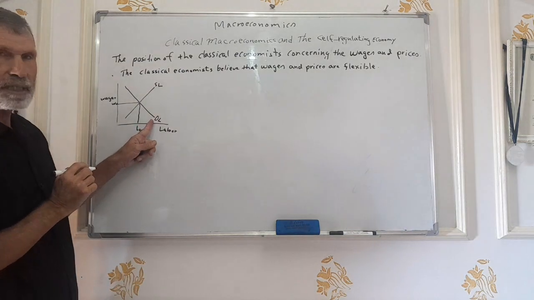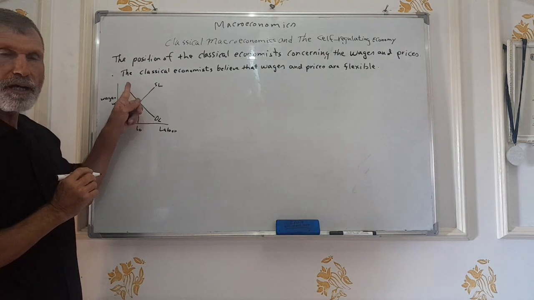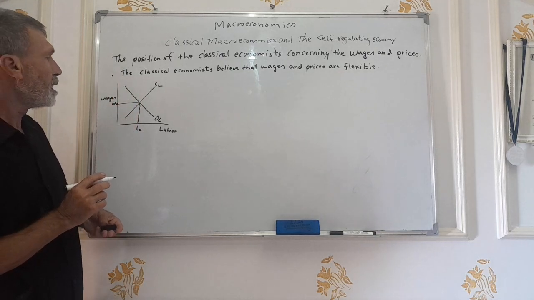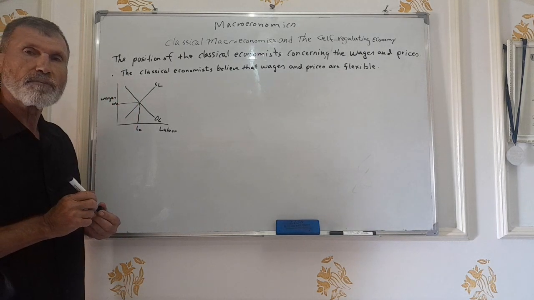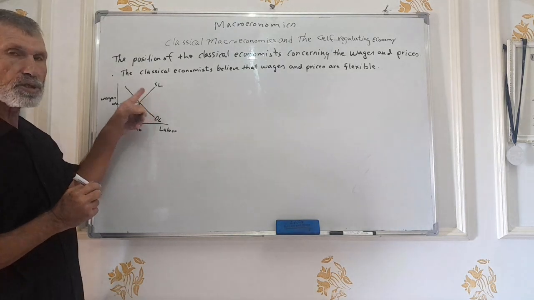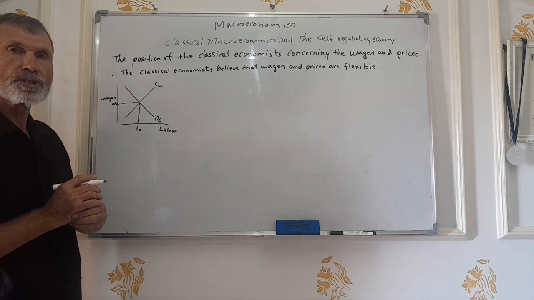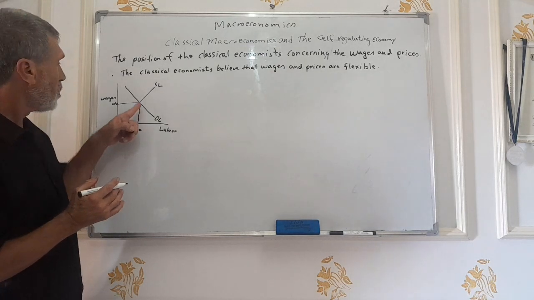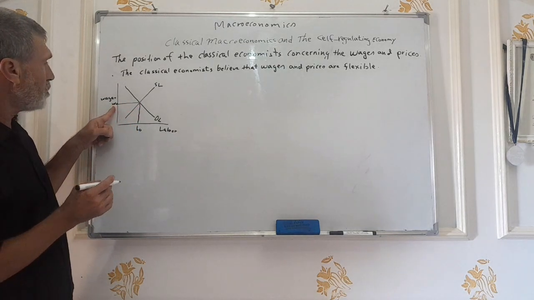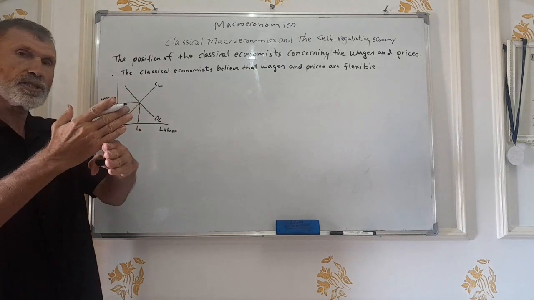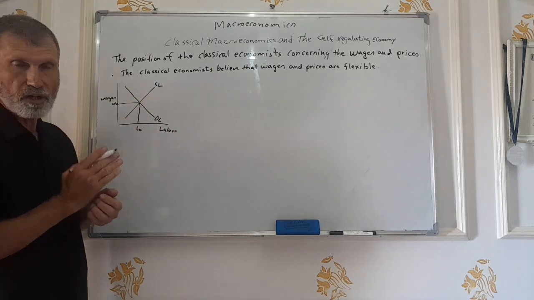The demand for labor is downward sloping, which implies the higher the wage rate, the lower the quantity demanded of labor. And the supply of labor is upward sloping, which implies the higher the wage rate, the higher the quantity supplied of labor. And so W0, of course, is the equilibrium wage rate. It's at the intersection of the demand for labor and the supply of labor.